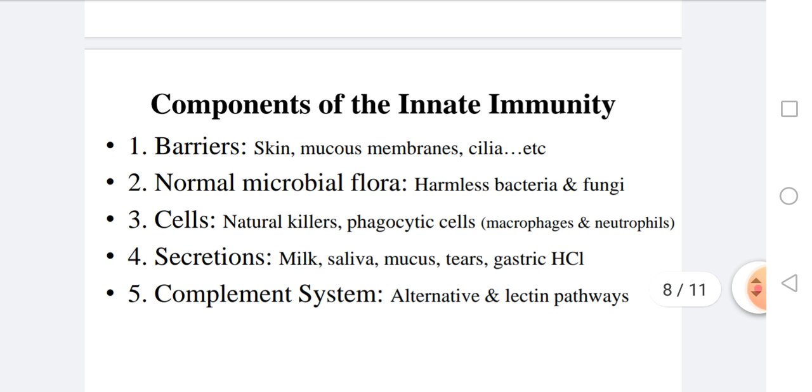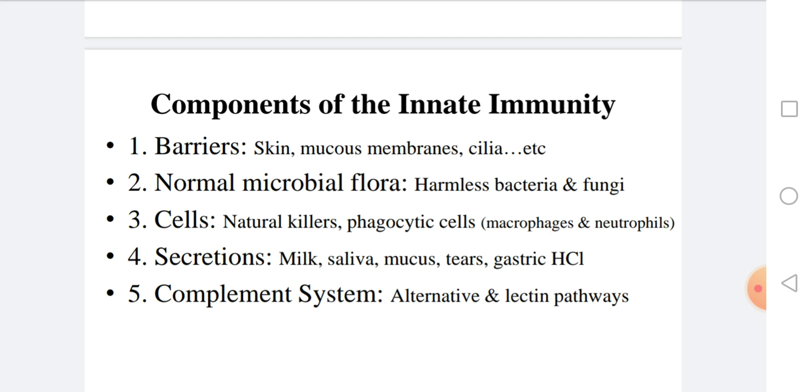The components of the innate immunity. The innate immunity acts through these components. One, barriers: skin, mucous membranes, cilia, the beating cilia in the upper respiratory tract, and also other components.